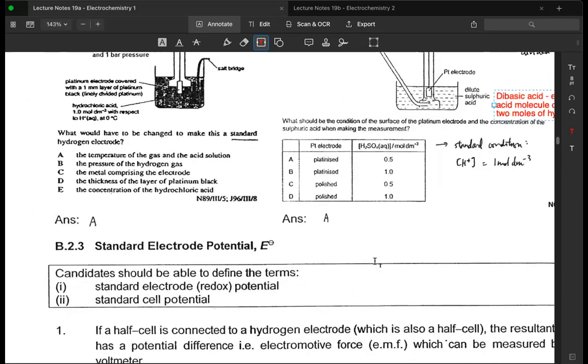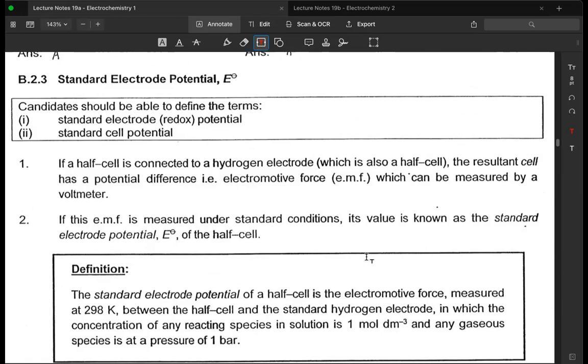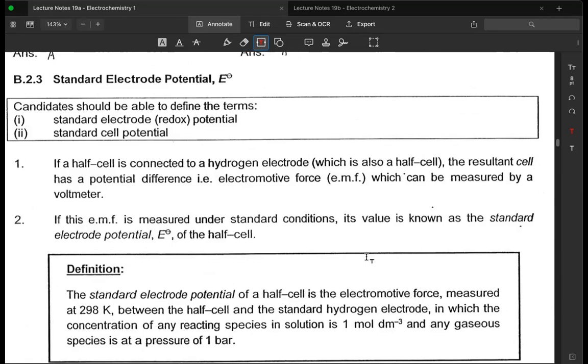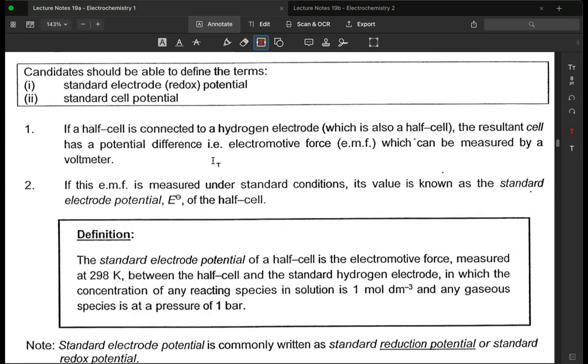Now, what is standard electrode potential? We're going to connect this standard hydrogen electrode, SHE, to your measured cell, the cell you want to investigate. If the half cell is connected to the hydrogen electrode, which is also a half cell, the resultant cell has a potential difference called electromotive force.